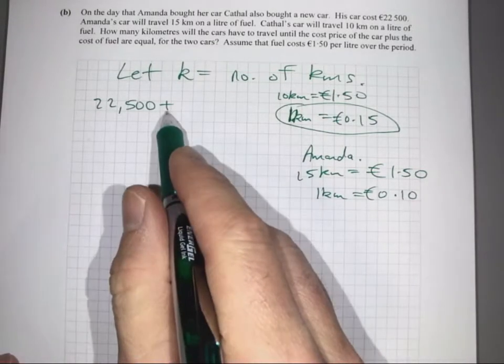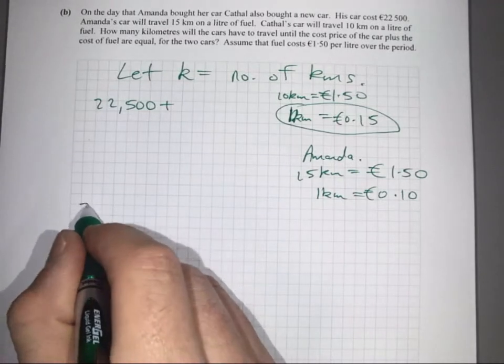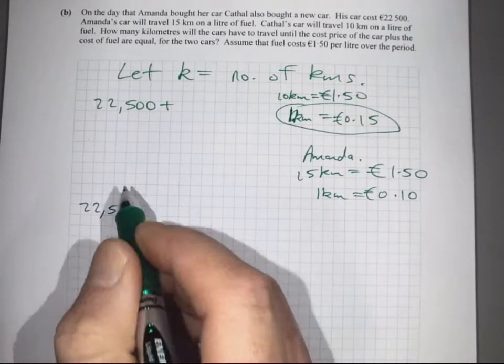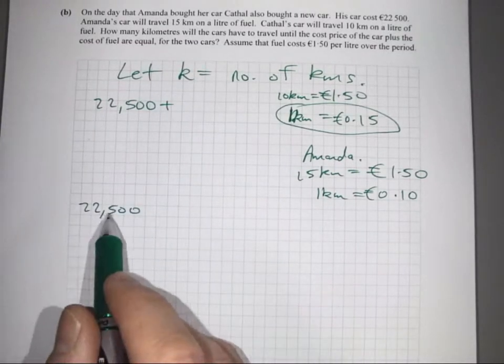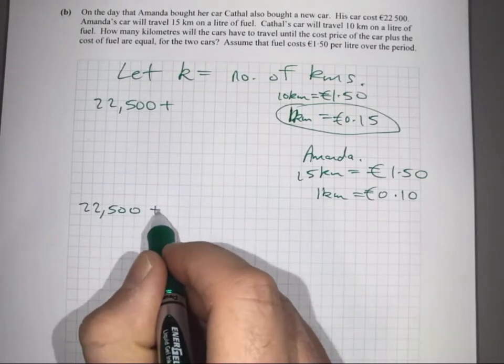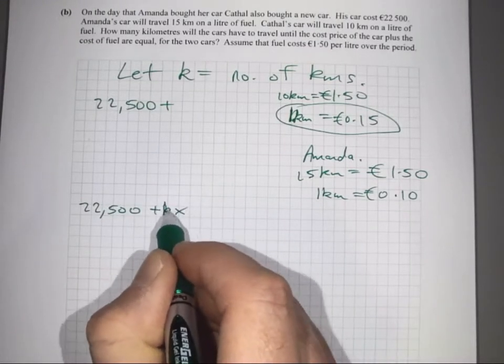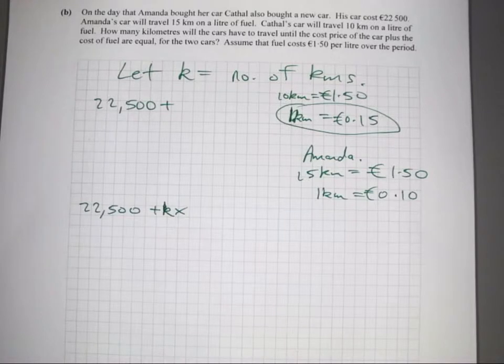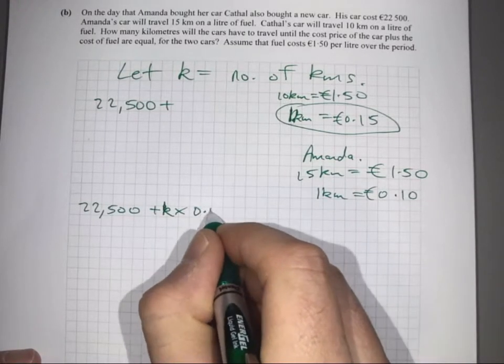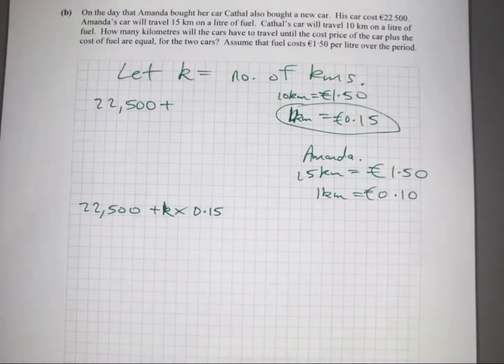So looking back here again, I'll just bring this down here. Cahill's price after k kilometres is going to be the price of the car plus the number of kilometres multiplied by the price in fuel for each of those kilometres. And remember, for Cahill we worked that out to be 0.15 euro or 15 cent.